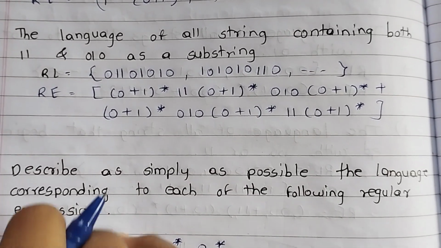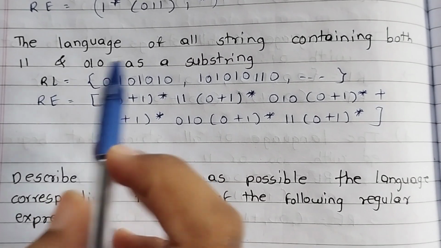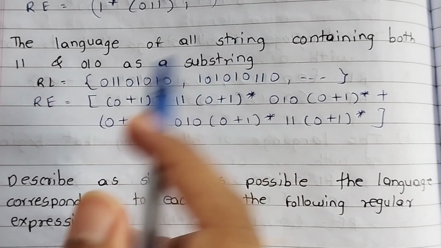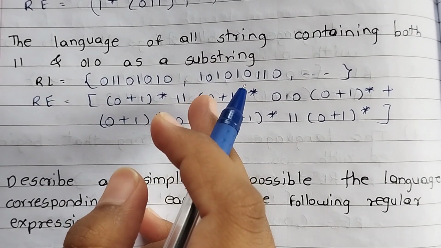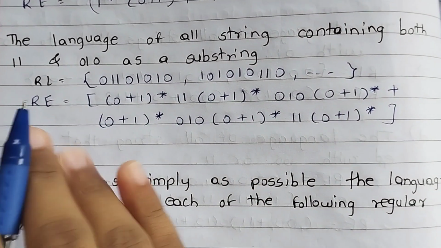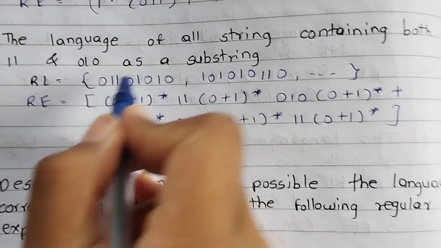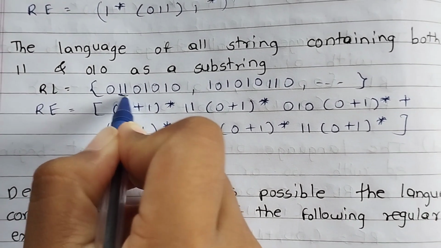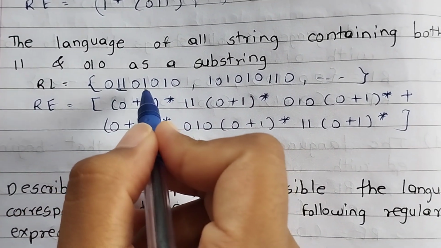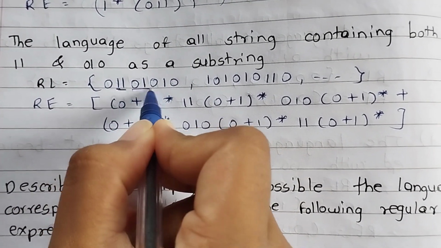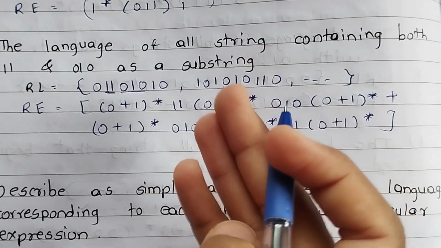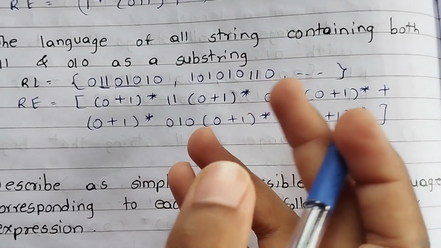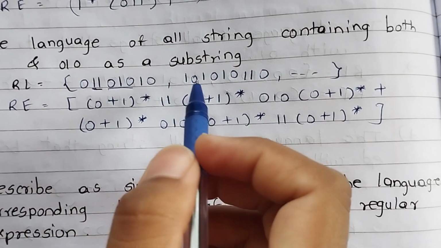We see one more example. The language of all strings containing both 11 and 010 as a substring. In this language 11 is compulsory, and 010 is also compulsory for the string, and then any combination of 1 or 0 is allowed for the remaining part.